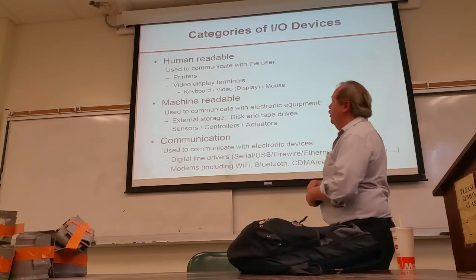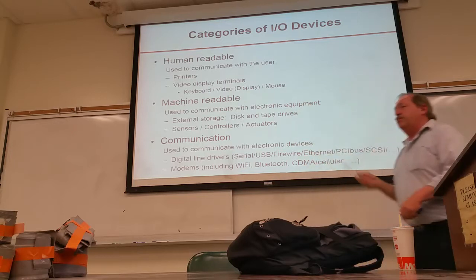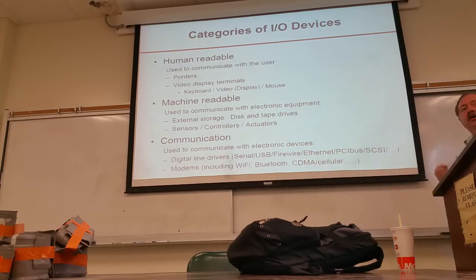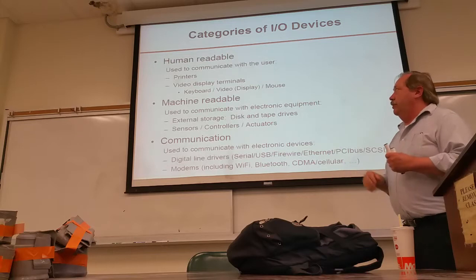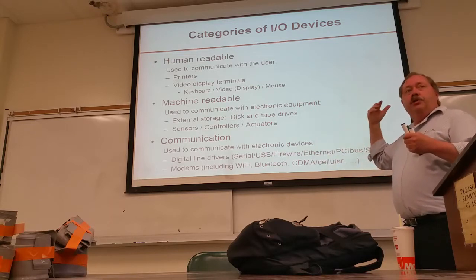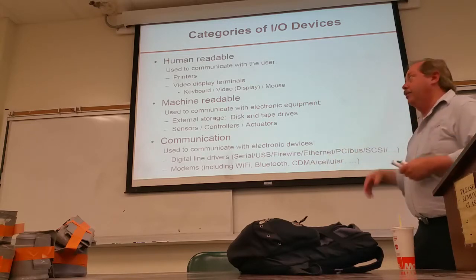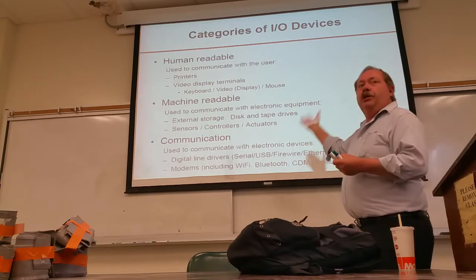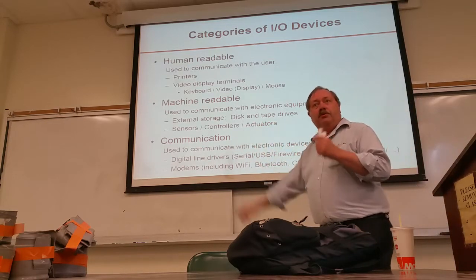All that stuff is going to be driven by what it is we're trying to push stuff through, into, or back from, right? So these major categories include human-readable devices, obviously things like your printers, your scanners, your all-in-one devices now, your video terminals, your keyboards. All those kinds of things are human-readable devices, right?